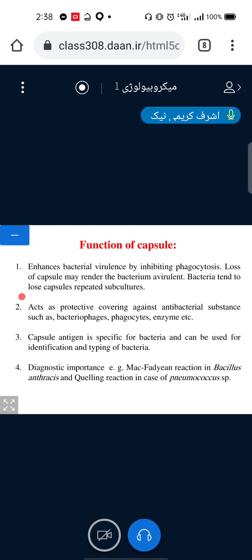Subcultures means culturing bacteria many times.